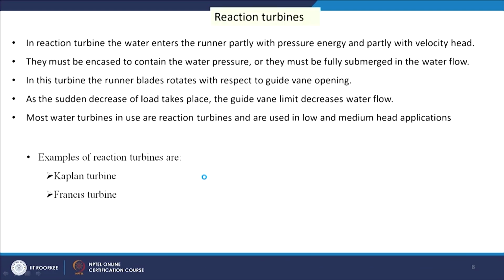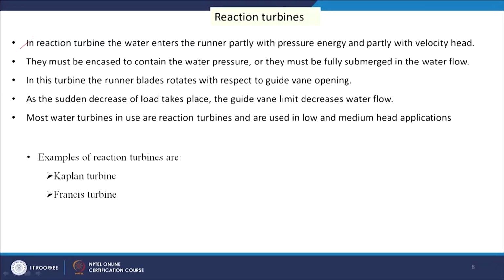Then we come to the reaction turbine. What we have seen in the impulse turbine is that the water flow passes through nozzles and hits the blades of the turbine. In a reaction turbine, the water enters the runner partly with pressure energy and partly with velocity head. So, they must be encased to contain the water pressure, or they must be fully submerged in the water flow.